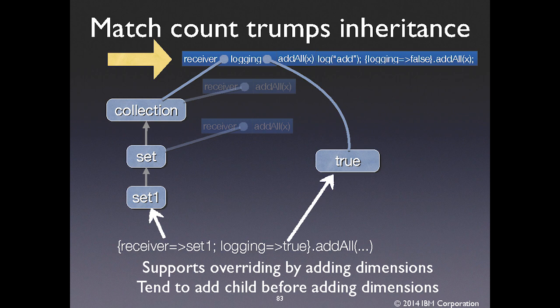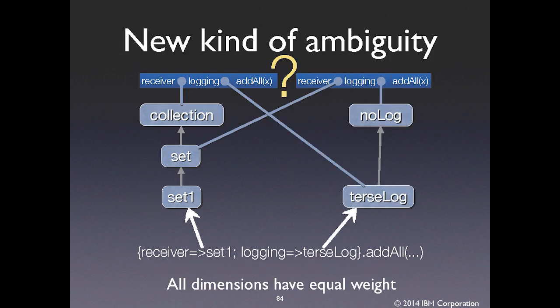So, two different slots with the same number of matches. Okay. That's a new kind of ambiguity. I mean, people who know multiple dispatch are used to this from before, so you can get these ambiguities if the matches are the same number, the same specificity.